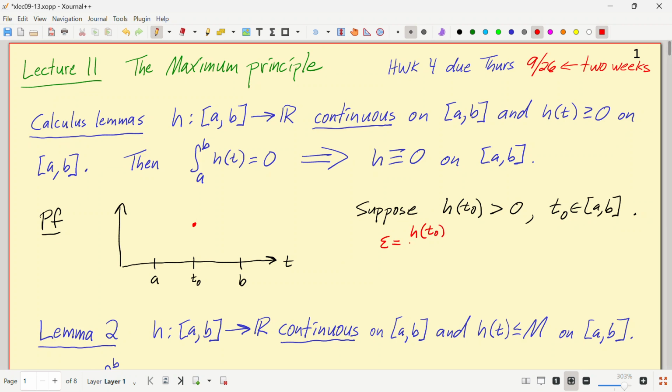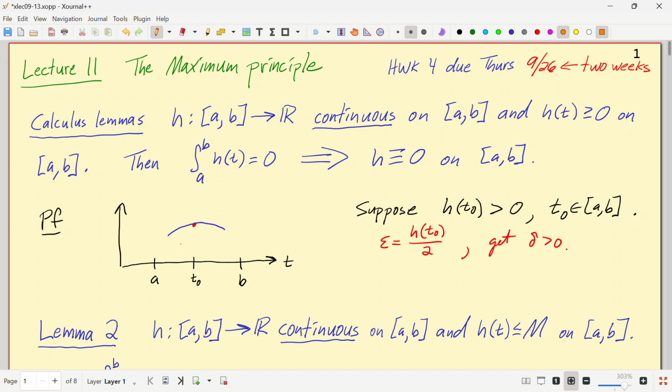I'd take, say, h of t naught over 2 as my epsilon, and I'd get a delta. Then my function being continuous, if I use that delta, there's this little box down here.